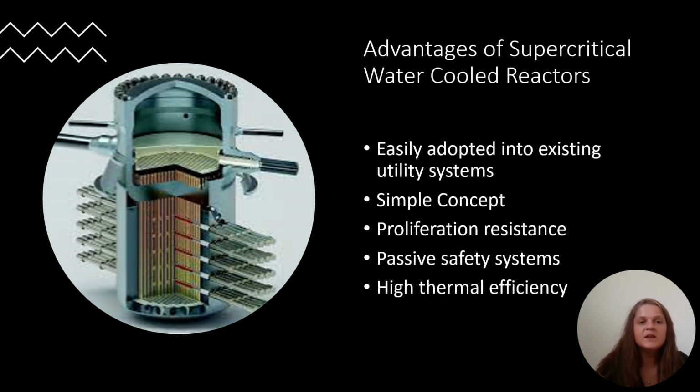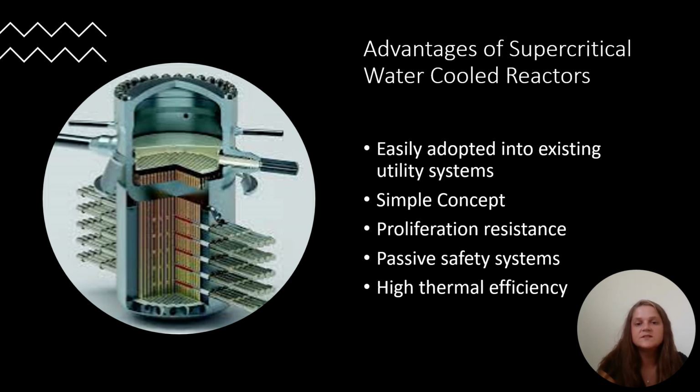One of the advantages of a supercritical water-cooled reactor is that once it's constructed, it can be easily adopted into existing systems of utilities because they're evolutions of the current fleet of nuclear reactors and most utilities operate on nuclear and fossil fuel-fired power plants. They're also a relatively simple concept, which can be economically advantaged because it is a water-cooled reactor.